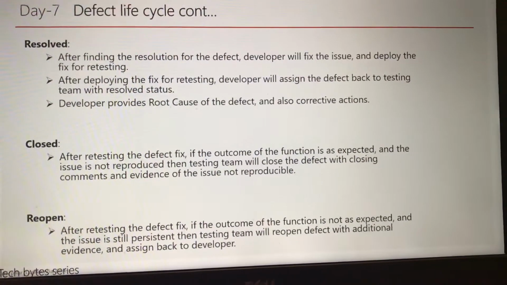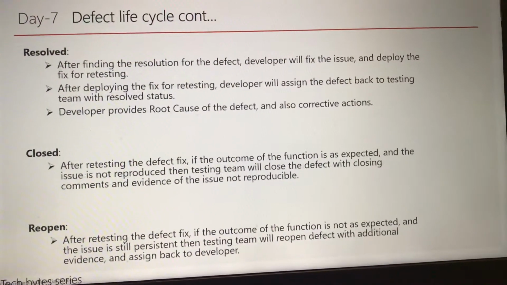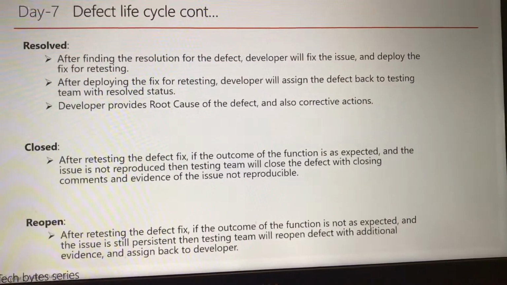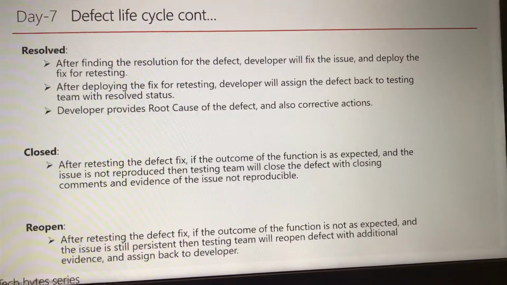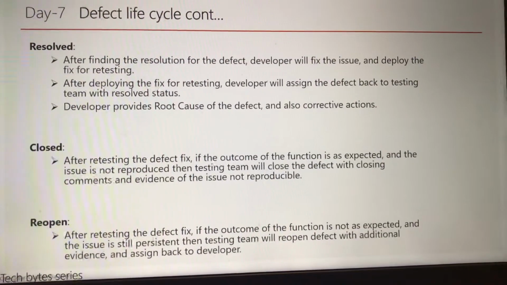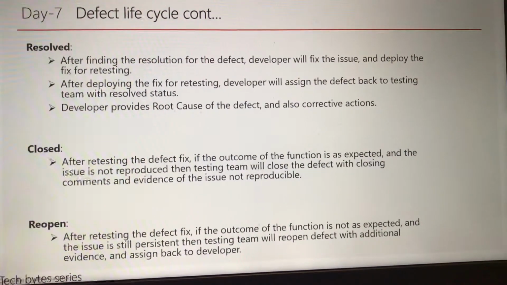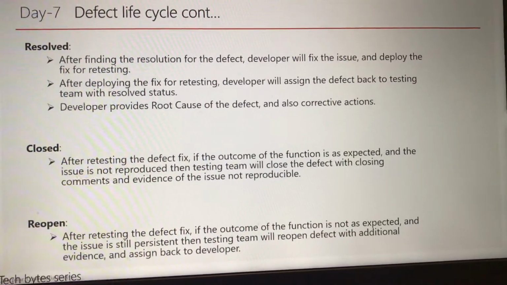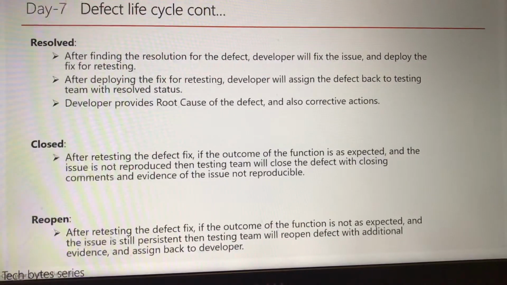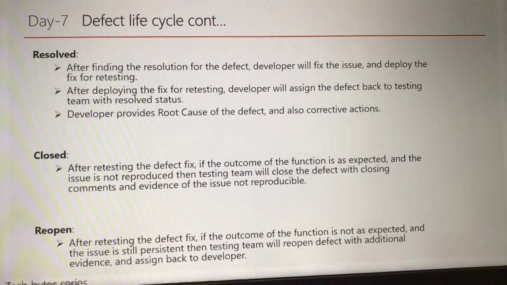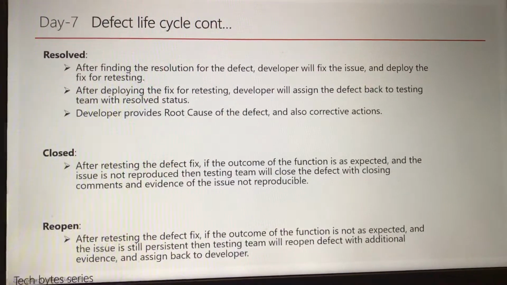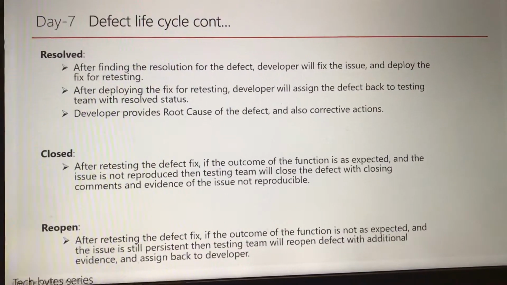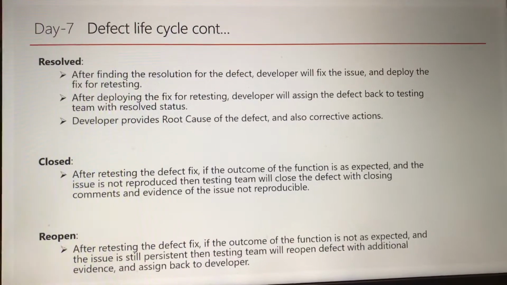As we spoke about regression testing in our previous sessions, this is very important. How do we know what kind of regression suite has to be considered for testing? This all depends on the type of defects identified as part of the testing, and also what fix has been given to resolve those issues. That's the reason this is one of the key points. The developer has to provide the root cause analysis and also the corrective actions.